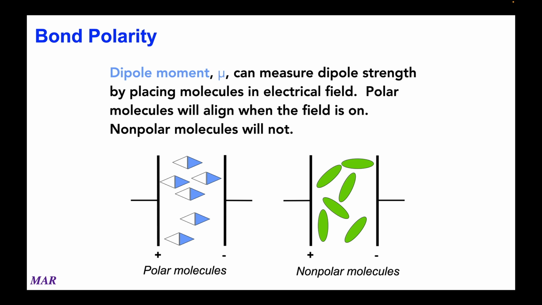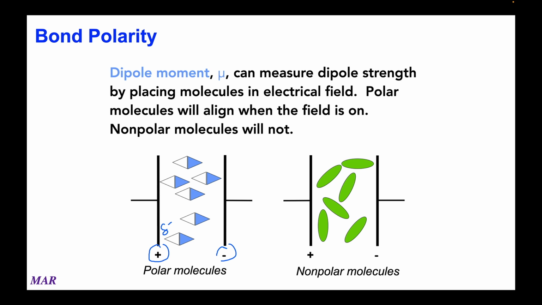A polar molecule will actually align itself in an electric field. So notice in the bottom part right there, there's a positive and a negative. Well, remembering that opposites attract, those triangles there represent molecules, and the white triangle is going to be the delta negative, the negative side.